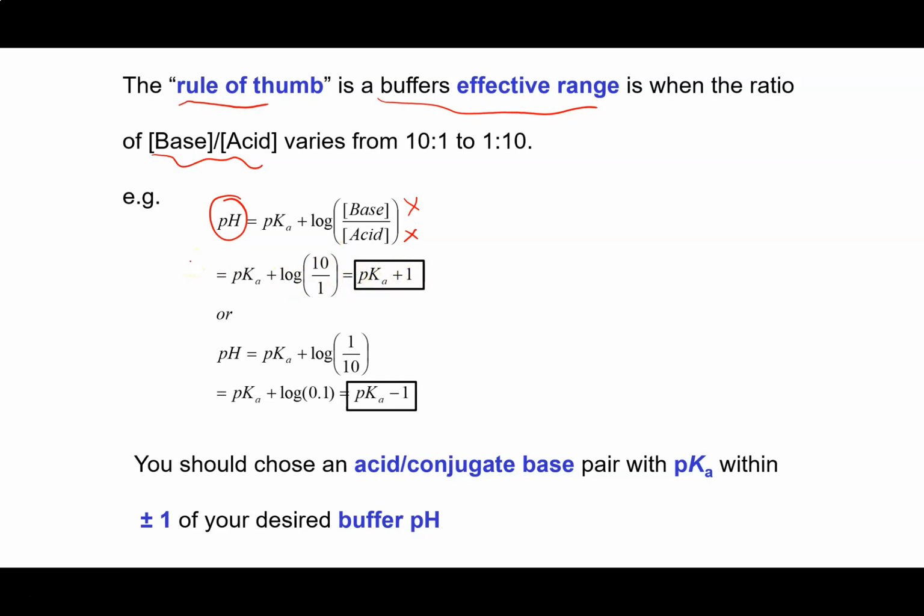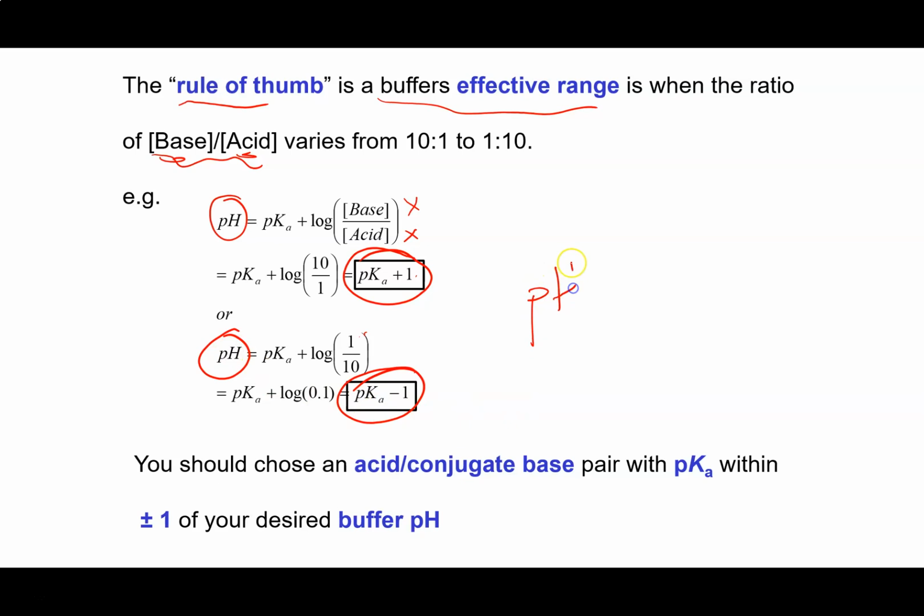Now, what about the other scenario, where we had 10 times more of the weak acid than its conjugate base? The pH of this buffer would be equal to the pKa plus the log of 1 on 10, and the log of 1 on 10 is minus 1. So the useful range for our buffer is going to be somewhere between the pKa plus 1 and the pKa minus 1.